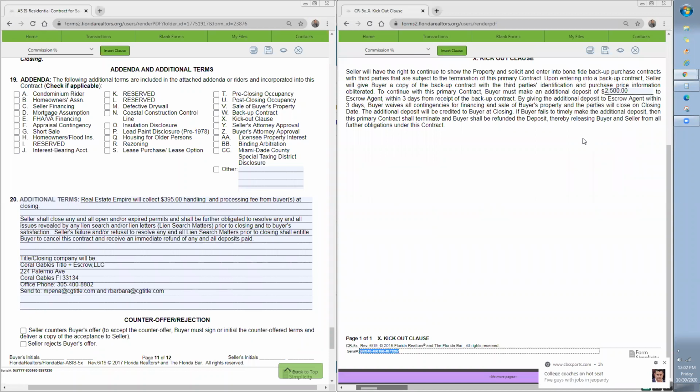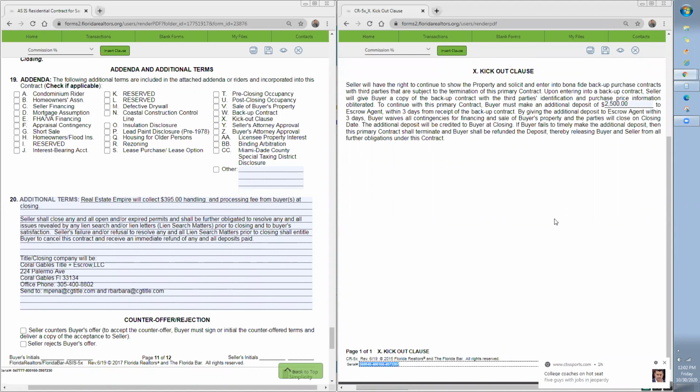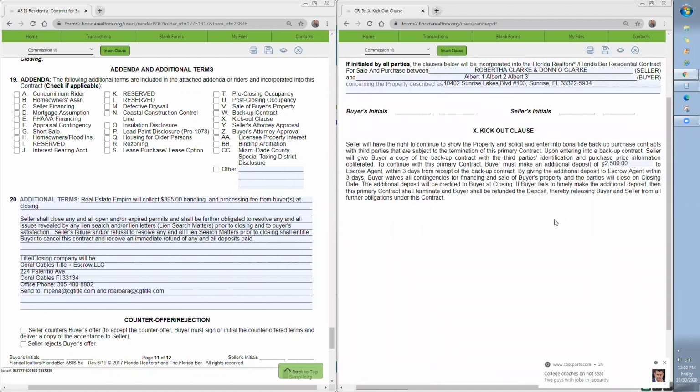2,500. So, Mr. Buyer, we're accepting your contract, but please be aware that we are also accepting backup offers. In the chance that we receive an offer that is higher than yours and the owner wants to take advantage of it, we will require you to deposit an additional $2,500 in escrow within 3 days of us letting you know that we received a backup offer.